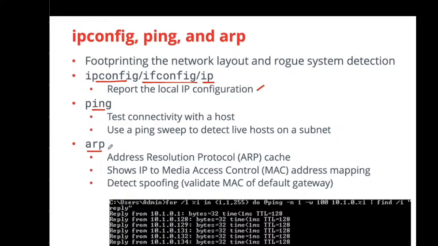Okay, and this is useful if you are investigating a suspected spoofing attack. Like if you're suspecting a man in the middle attack, you can go for this and have a look to see if there is one MAC address for two different IP addresses, or two different MAC addresses for one IP address. Okay.